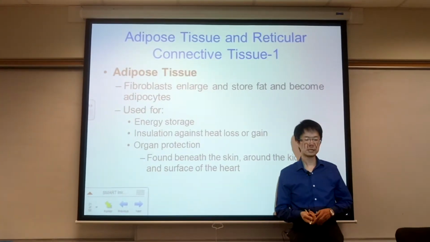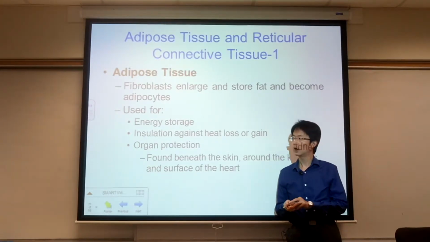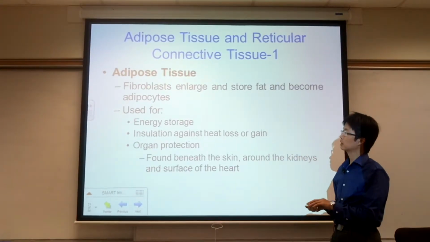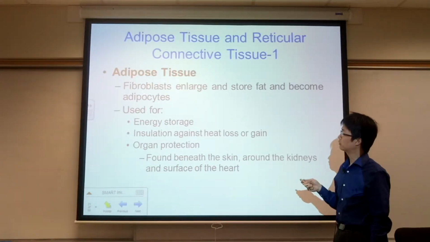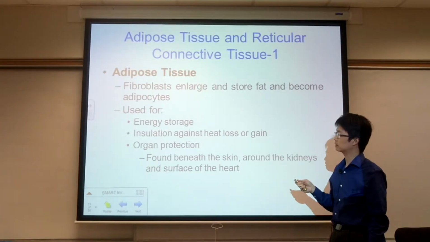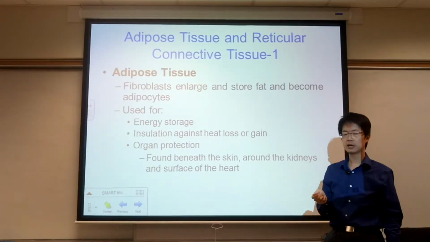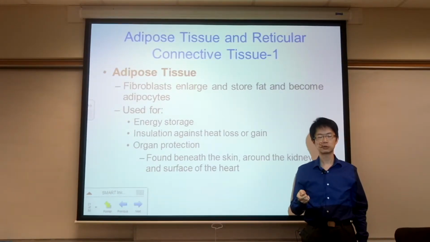And then you have adipose tissue. Adipose tissue is basically our body fat. Adipose tissue, you have the fibroblasts enlarge and store fat and become adipocyte. So the cell has a specialized vacuole that can store fat.